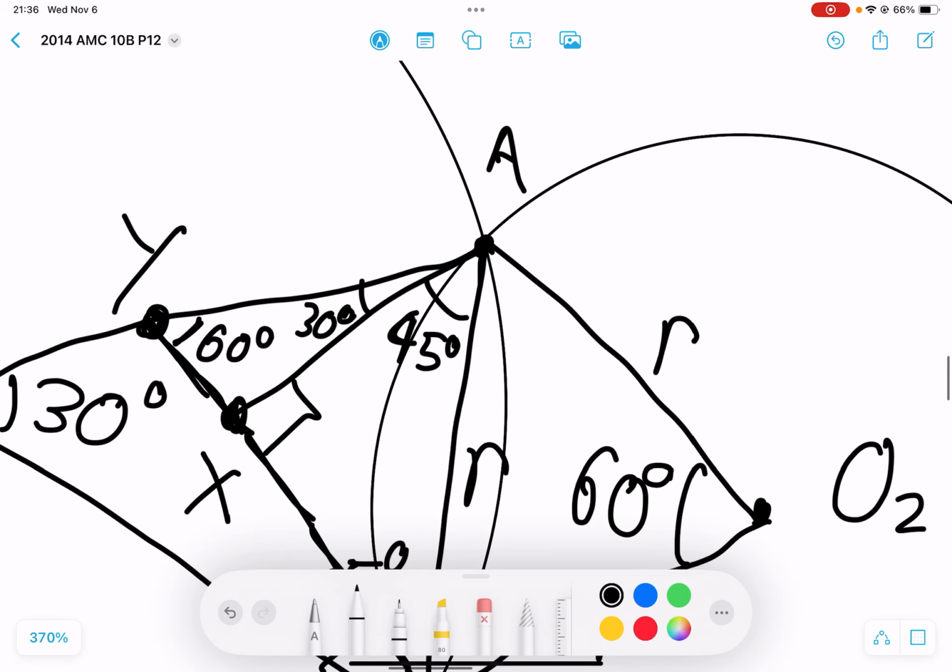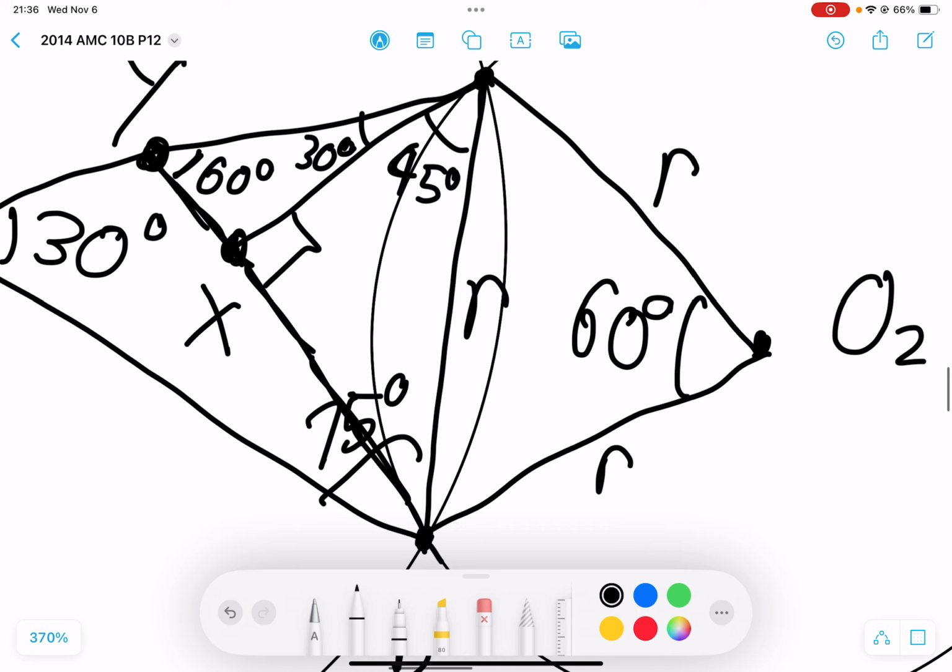Firstly, notice that AX is a leg of this right triangle here. And this is a special right triangle, so we know that the leg AX is going to be R root 2 over 2.